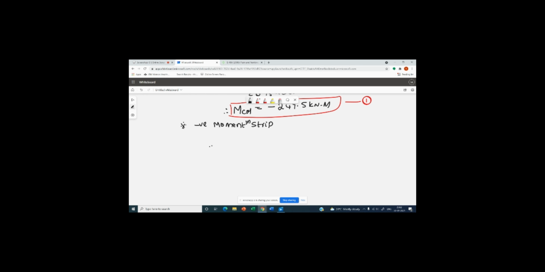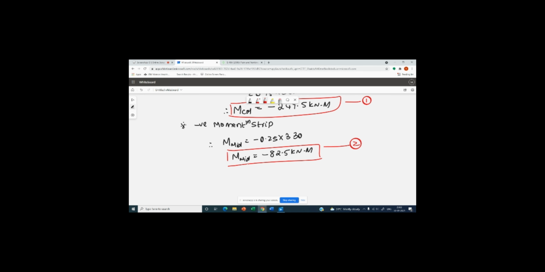So M middle strip will be equal to minus 0.25, 25% of 330. Minus indicates negative bending moment, 82.5 kilonewton meter. So this is how you have calculated the negative bending moment in the middle strip.